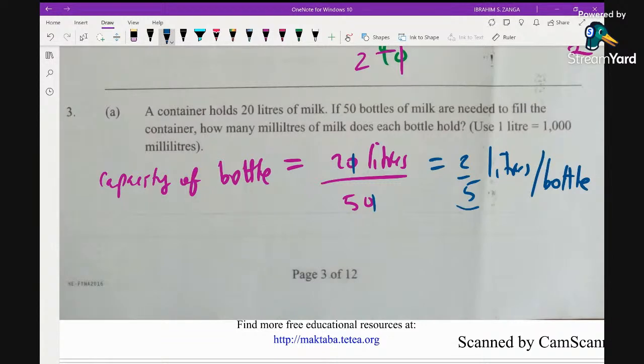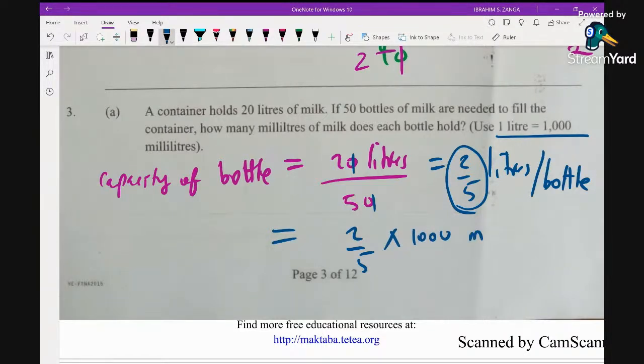We are going to convert this into milliliters, understanding that 1 liter is 1000 milliliters. So the capacity of the bottle will be 2/5 multiplied by 1,000 milliliters. When you simplify by 5, it is 1 by 5, and here it is 200. So each bottle is going to be 400 milliliters.